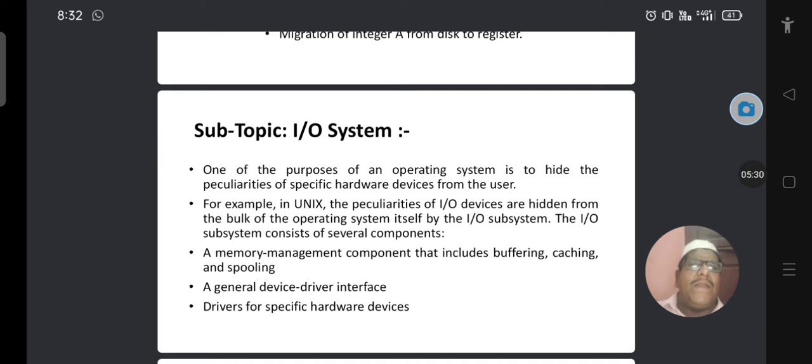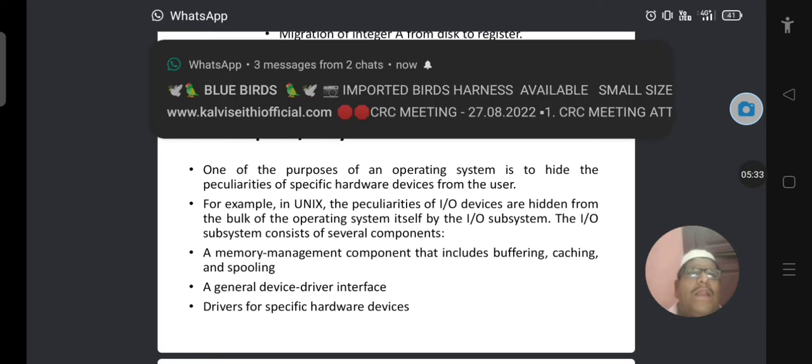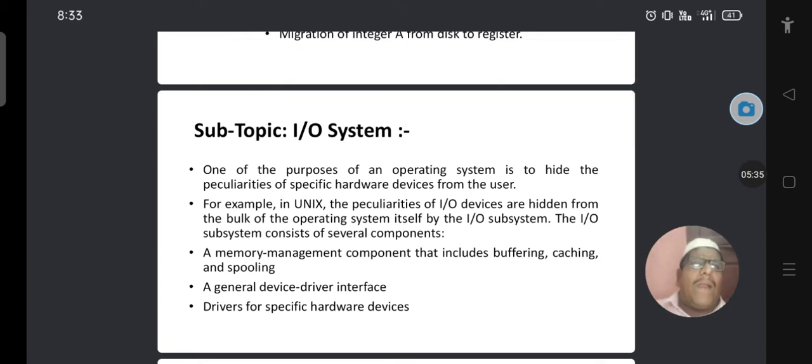For example, in Unix, the peculiarities of I/O devices, meaning input output devices, are hidden from the bulk of the operating system itself by the I/O subsystem. The I/O subsystem consists of several components: a memory management component that includes buffering, caching, and spooling.